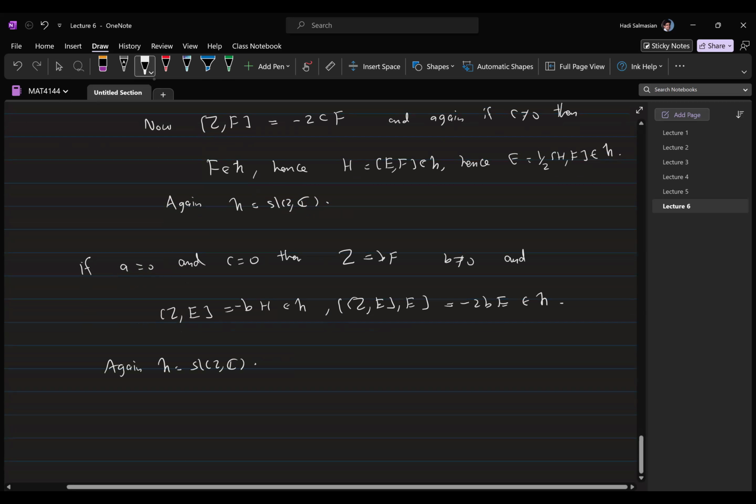So the proof is not difficult. It's just algebraic manipulation, case by case.